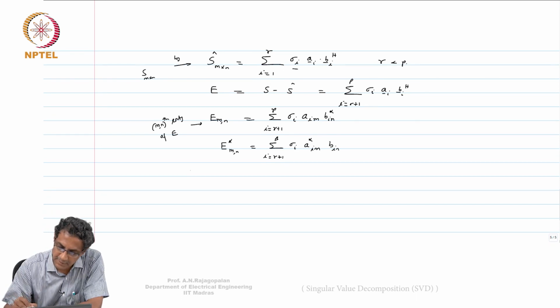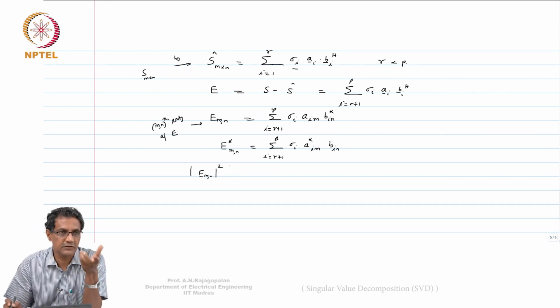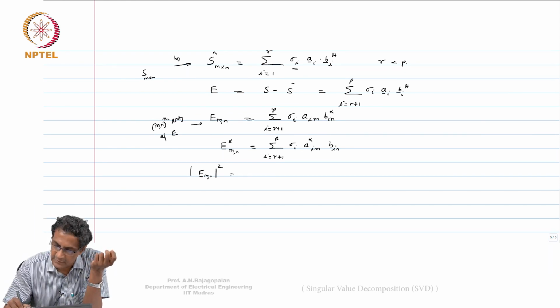Now if you look at the magnitude, |E(m,n)| squared, that means at the mnth entry in E, the magnitude square error, we know is E(m,n) into E star (m,n).